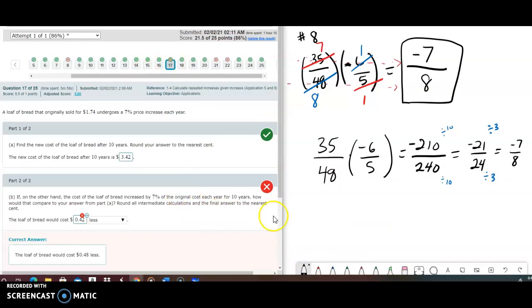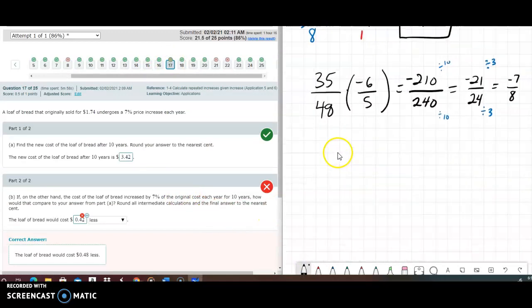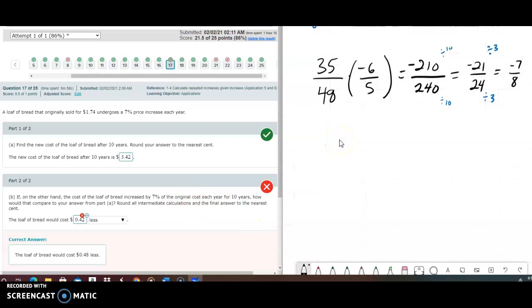Number 17 says the loaf of bread originally sold for $1.74 undergoes a 7% price increase each year. Find the new cost after 10 years. So for number 17, I'd write an exponential.